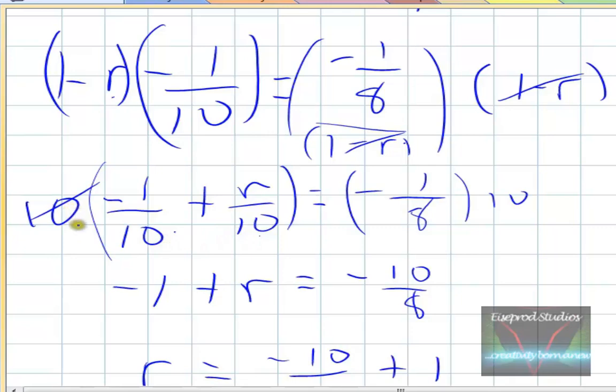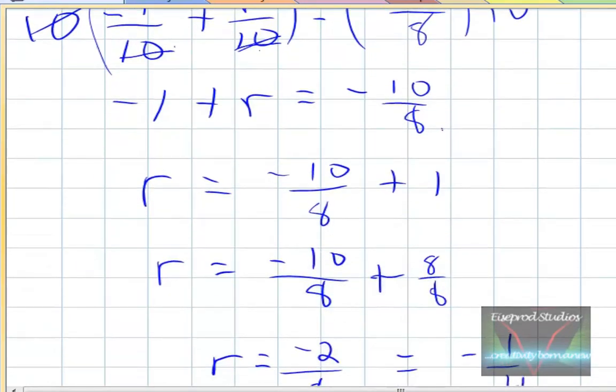So I said 10 times this side and 10 times this side. This is gone because it cancels these two out. And over here, I'm left with negative 10 over 8. So now I have negative 1 plus r is equal to negative 10 over 8. I would add 1 to both sides, to get rid of it on this side and move it over here, and this way r is by itself now.